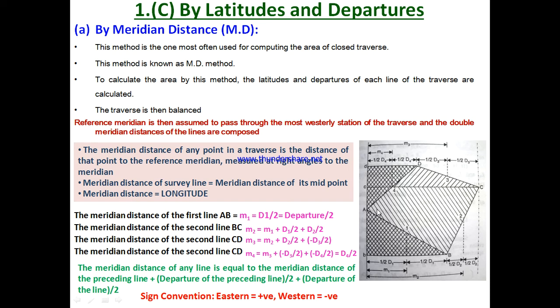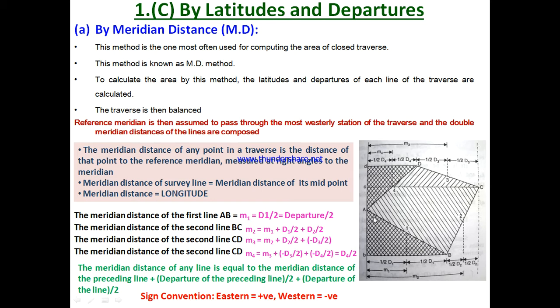Now for measuring these departure values, we need to first determine the sign convention. Since the departure values are measured in the x direction, which is the east-west direction, all those survey lines which are projecting towards east are considered as positive, while all those lines going towards west are taken as negative.